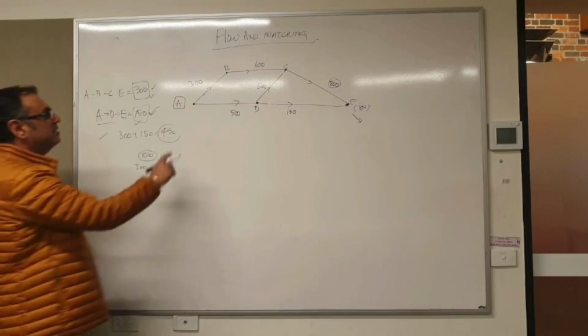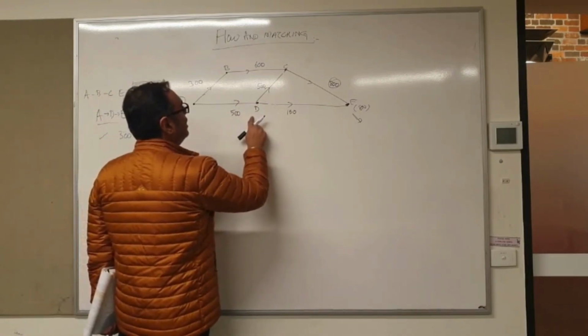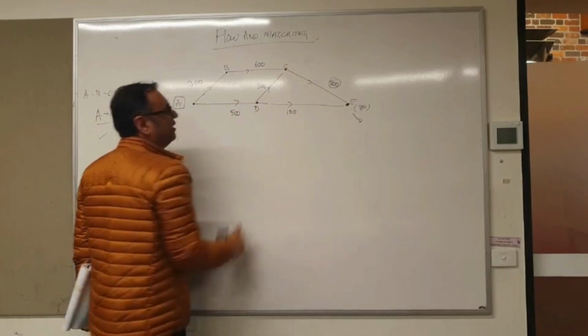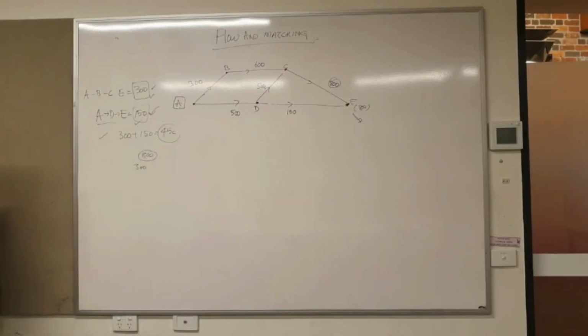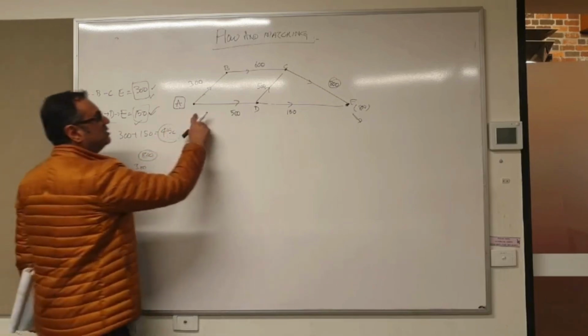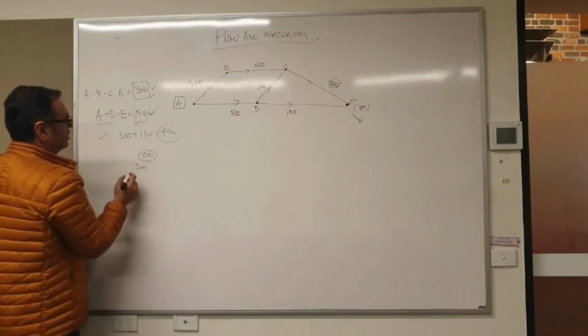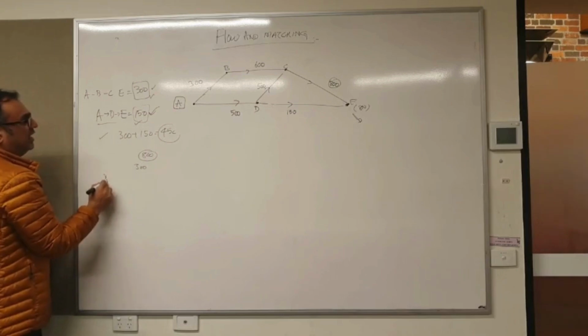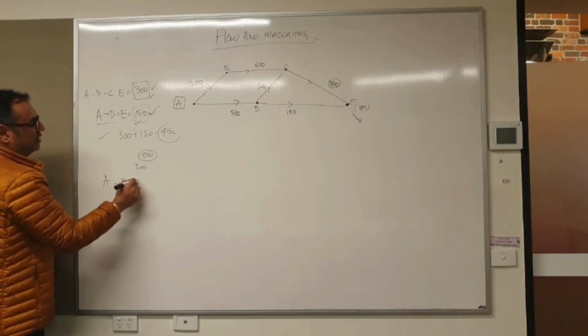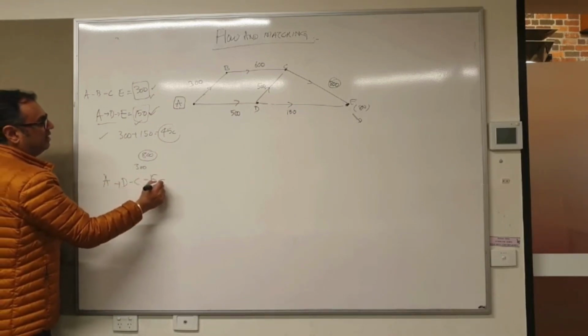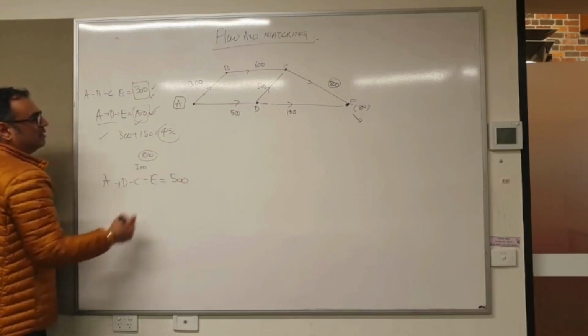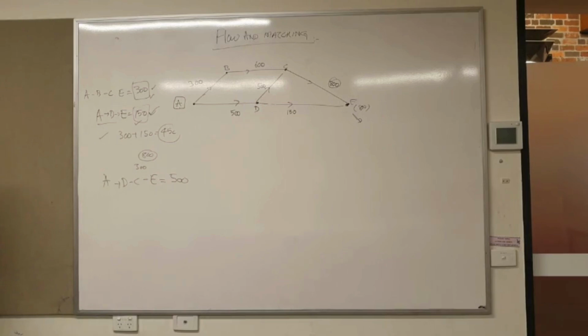Now we have a new path: A, D, C, E. What's the minimum in this new path? 500. So I have another 500, which is A, D, C, E. Do you remember what we did in the last question?